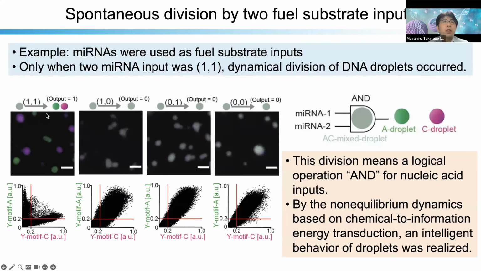So this is the result. Sorry, it's my mistake. In this experiment, we used microRNA for the input. The two microRNAs are introduced into the solution, and we found that the DNA droplets are divided into two DNA droplets like this.